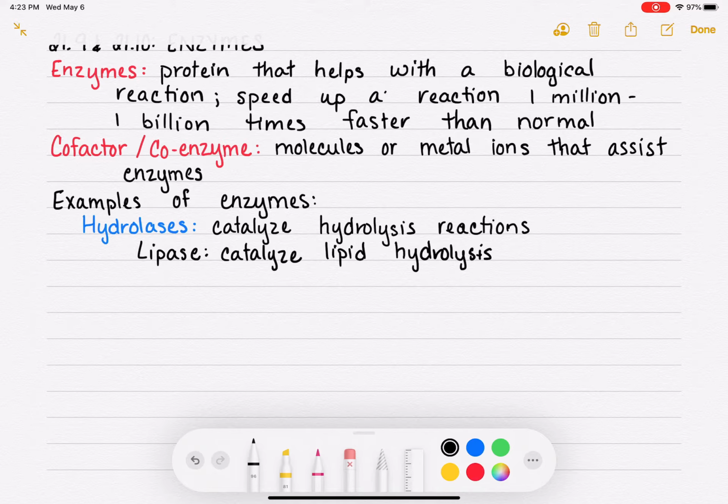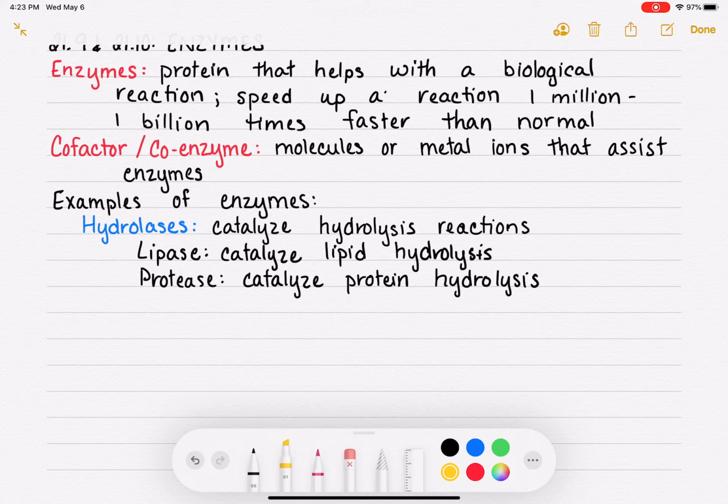And then we also have something called protease, which catalyzes protein hydrolysis. If you're starting to feel like you're picking up on a common theme with enzyme names, you probably are. They do have the suffix ase. All of these enzymes end in ase, which is nice.